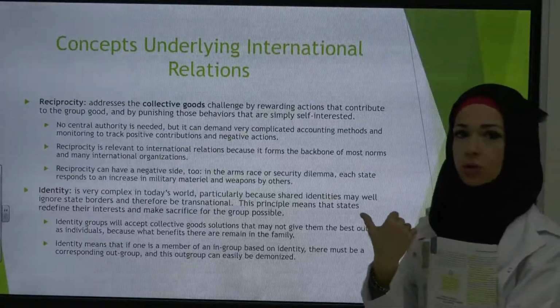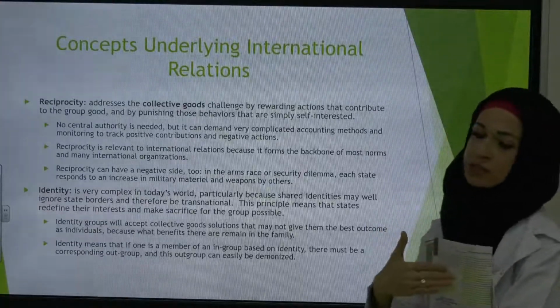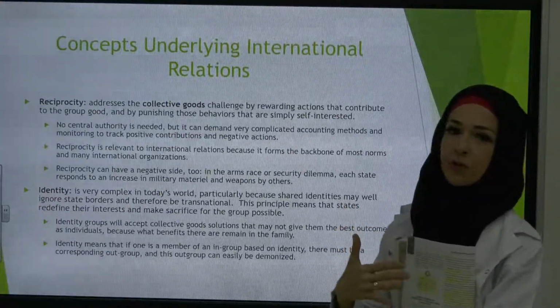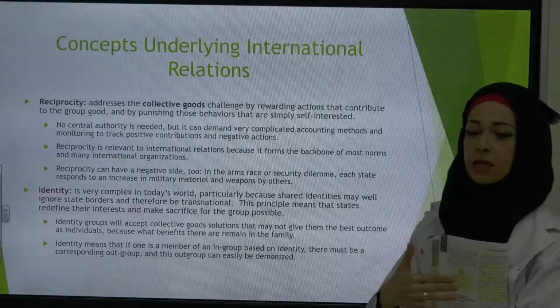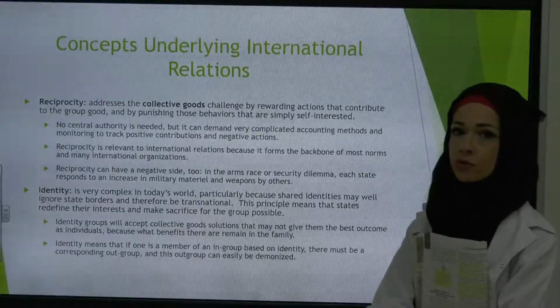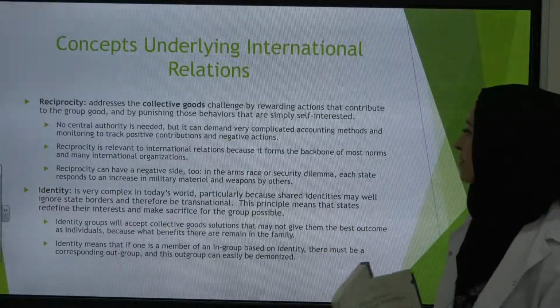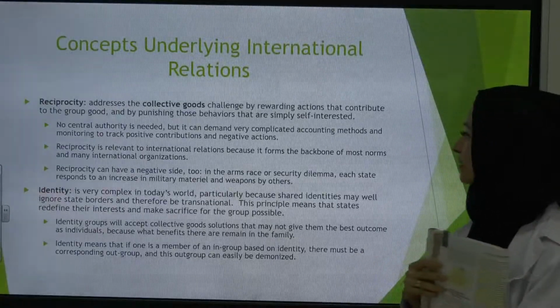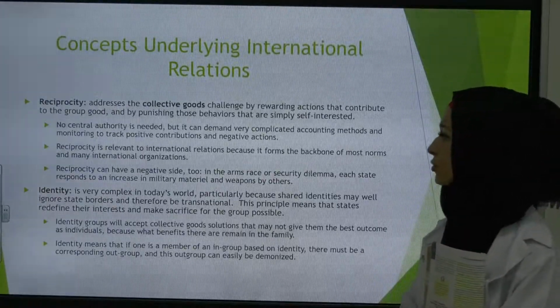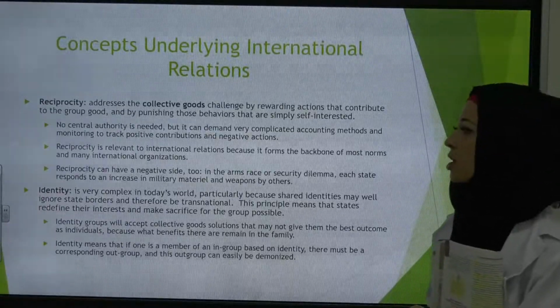And this also alludes to punishing those behaviors that are simply self-interested, in that in reciprocity, you cannot just take, you have to give. No central authority is needed in reciprocity, but it can demand very complicated accounting methods and monitoring to track positive contributions and negative actions.